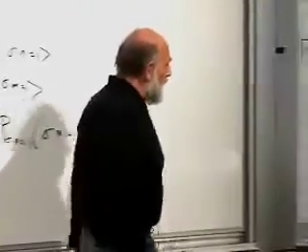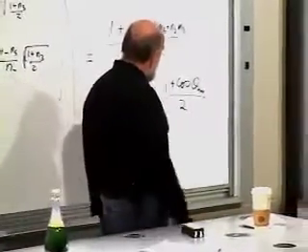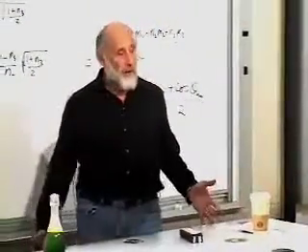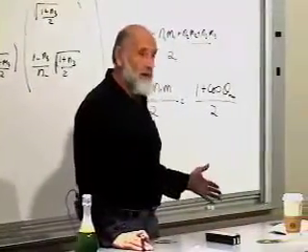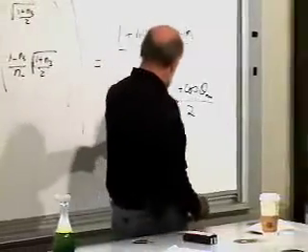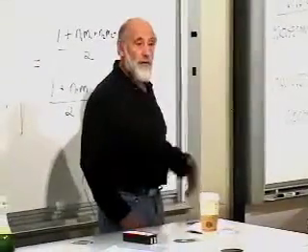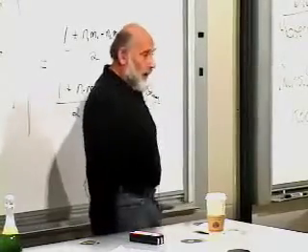But let's see what it gives for various situations. First of all, supposing n and m are in the same direction, then theta is 0. The angle is 0, and cosine of 0 is 1. 1 plus 1 is 2. 2 divided by 2 is 1.